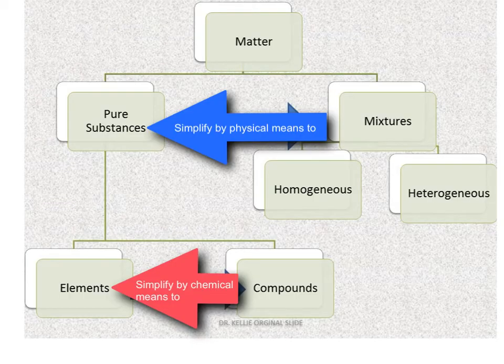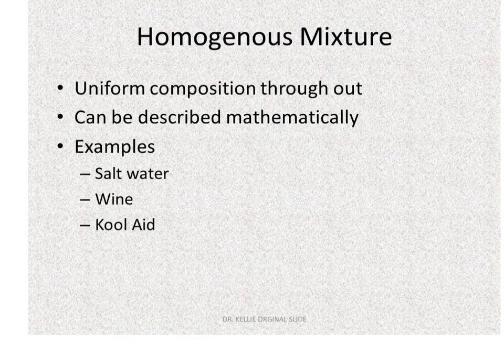Okay, mixtures can also be subdivided. Mixtures are subdivided into 2 categories: homogeneous mixtures and heterogeneous mixtures. Unlike the differences between elements and compounds, the differences between homogeneous and heterogeneous mixtures simply has to do with uniformity.